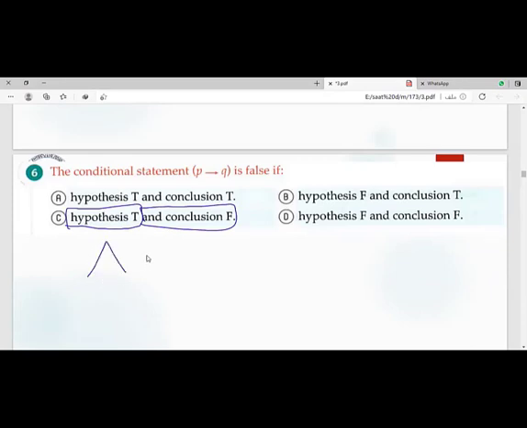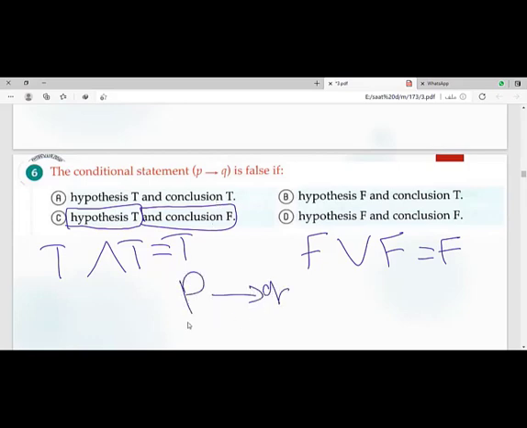It's only true if true and true, it's true. Or false and false, it's true. The other cases are true. If p is true and q is false, it's false. That is the only case where a conditional statement is false.